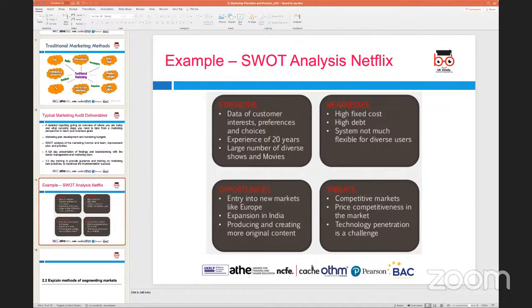So this process is essentially done in the context of analyzing what could be the weaknesses and threat areas, primarily being impacted by external factors which could be affecting its strategy.